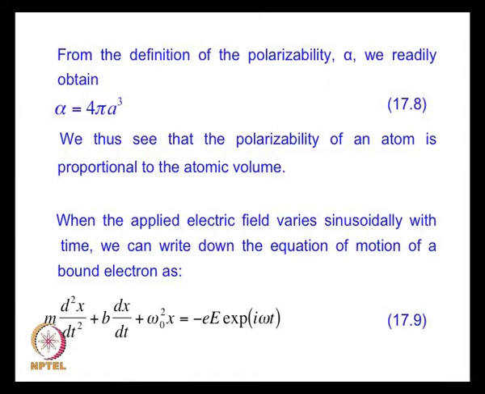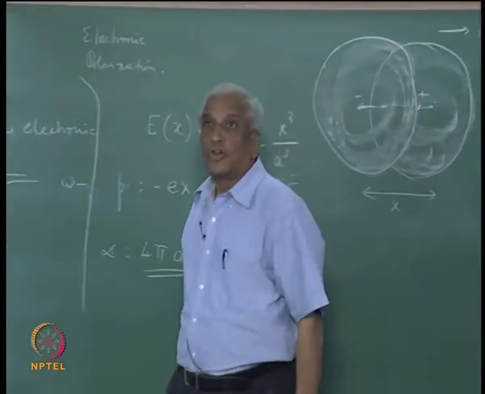That is the equation of motion which has to be solved, and since I am writing only the time dependence here, I also assume that the displacement has a form e to the power i omega t. There might be a phase shift, but we will just consider this. So, omega naught square here is just k by m, where k is the force constant.